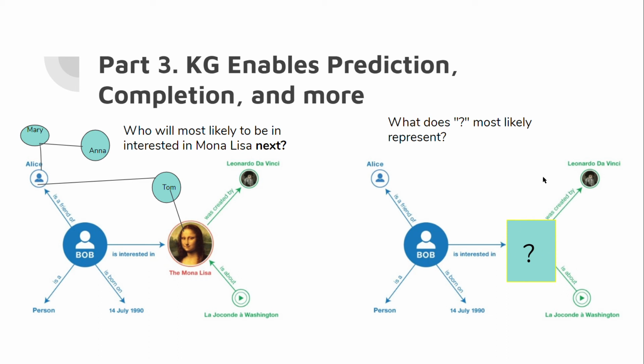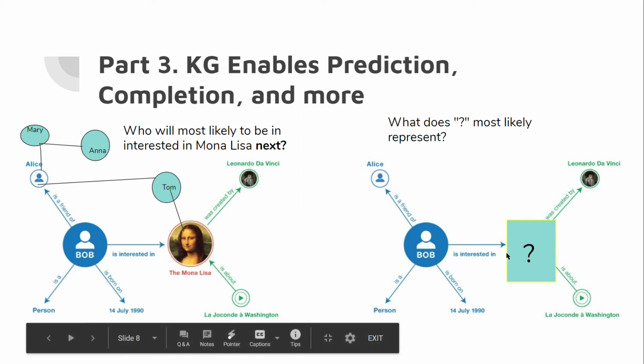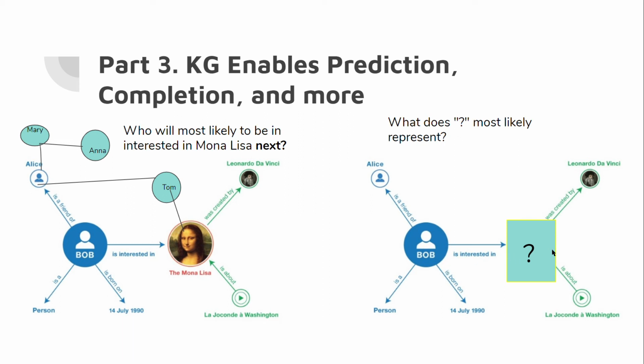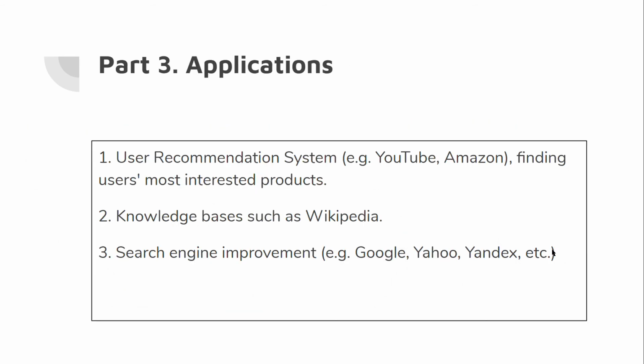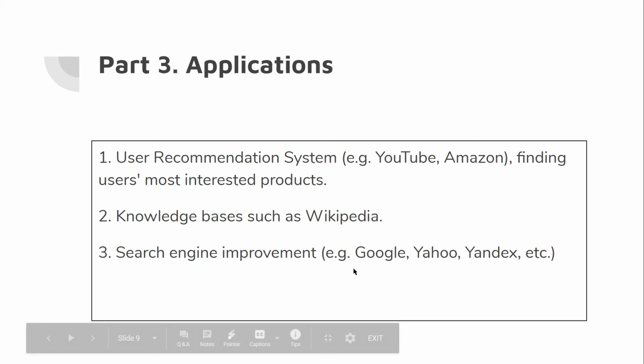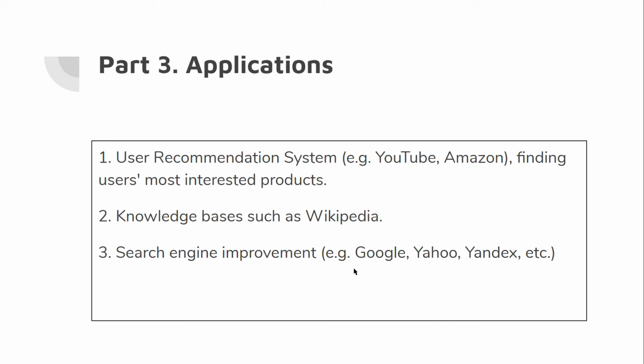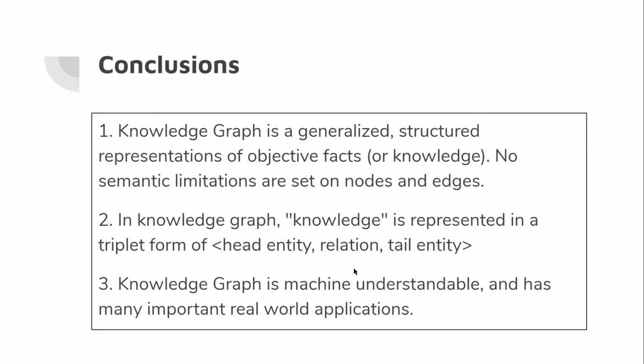Combining with all we know from the larger knowledge graph, we will most likely be able to find out this missing term. Following this spirit, we have some real world applications: recommendation systems like YouTube and Amazon, knowledge base construction such as Wikipedia, and search engine improvement used in Google, Yahoo, Yandex, and so forth.